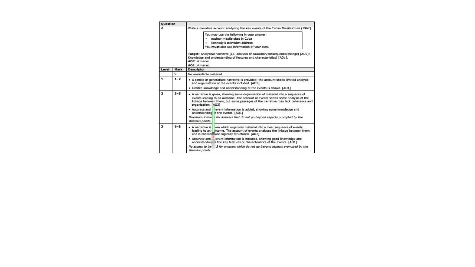So again, if you notice, they're looking for AO2 first. So they are looking for your ability to organise and analyse using your connectives, and then the amount of detailed supporting evidence. So if you show some knowledge and understanding of how events link together, you show some flow, that is what will get you between 3 and 5 marks.